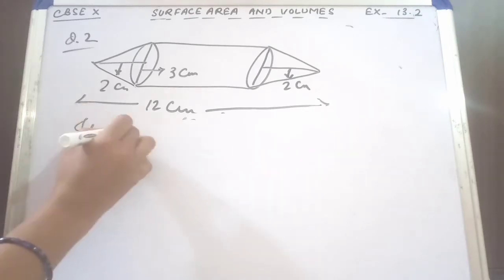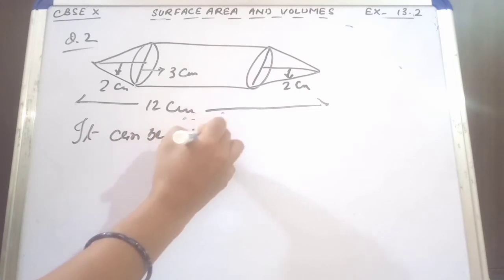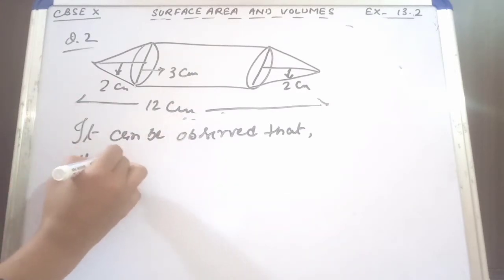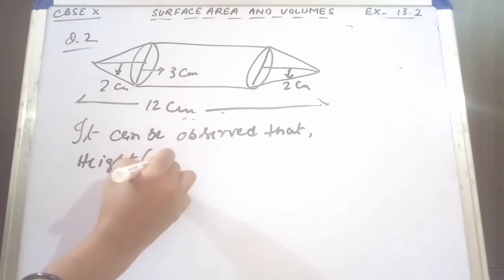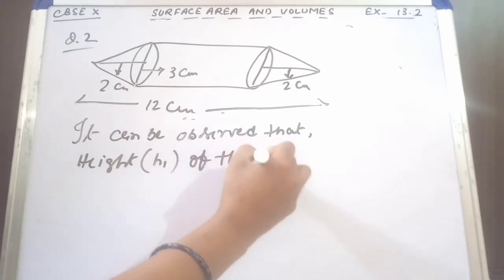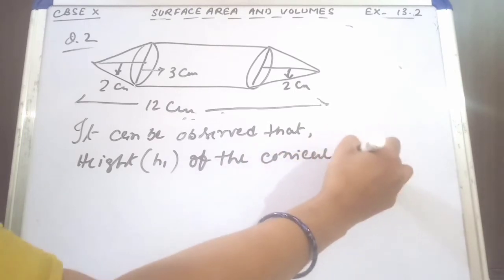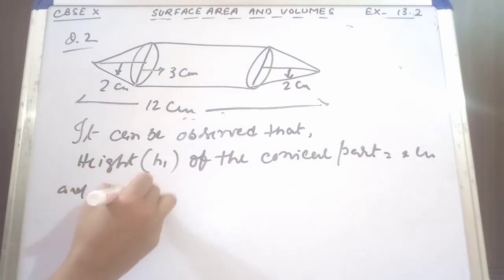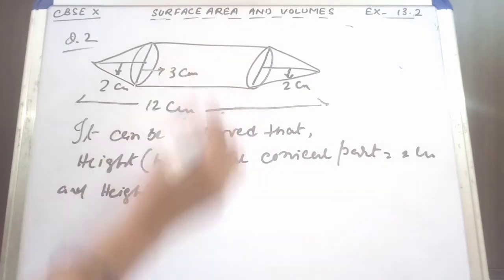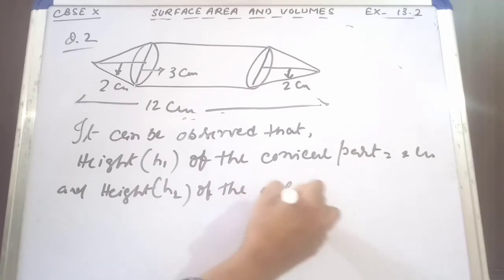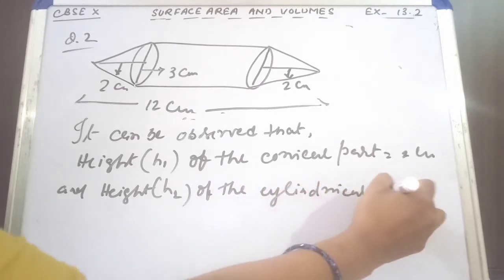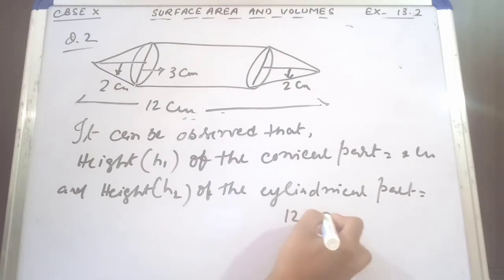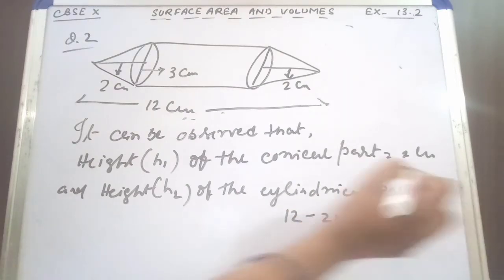It can be observed that, suppose this height is h1, height of the conical part is equal to 2 centimeter, and suppose this is h2, height of the cylindrical part is equal to total length 12 minus 2 times 2, that means 8 centimeter.